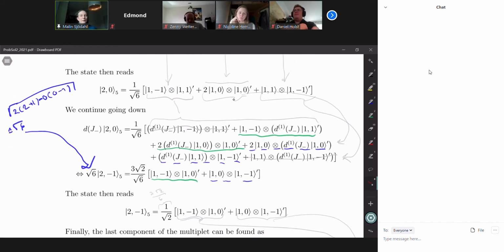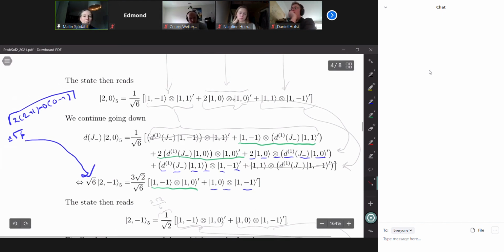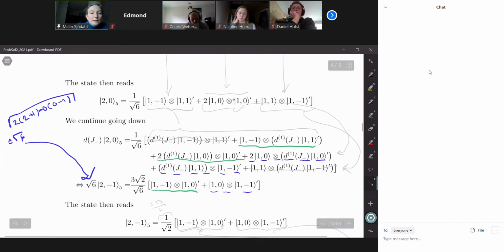And then we continue this. So we continue going down. Now we are acting again with the lowering operator on the state. It's the same game again. We have 3 different starting states here. And in each case, for example, for the first line here, we act with the minus either on the first one here or on the second one here.